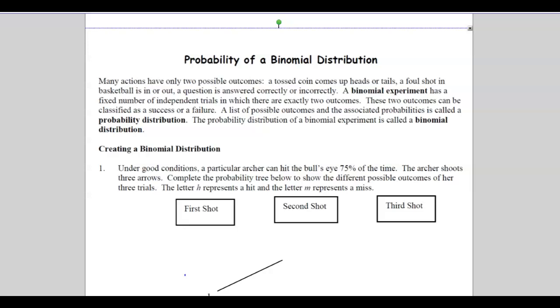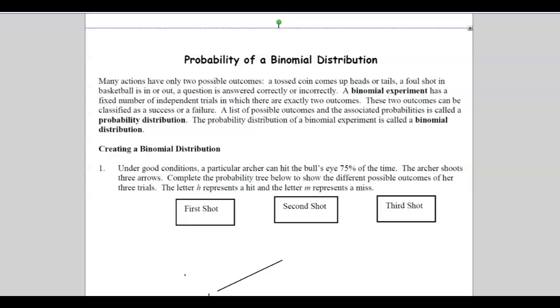A binomial experiment has a fixed number of independent trials in which there are exactly 2 outcomes. These 2 outcomes can be classified as a success or a failure. A list of possible outcomes and the associated probability is called a probability distribution.